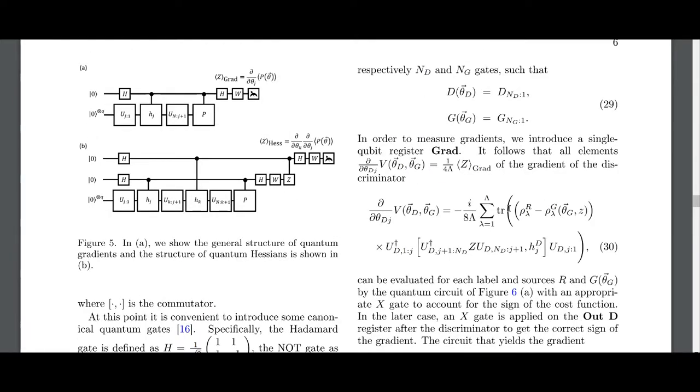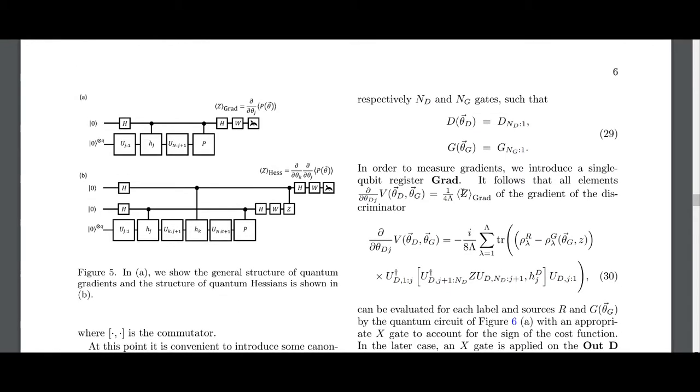It follows that all elements of the gradient of the discriminator. That's definitely a tough one. But really, what are they? So at the end of the day, what is it that they want to measure?